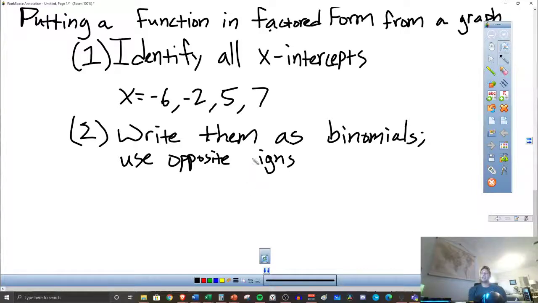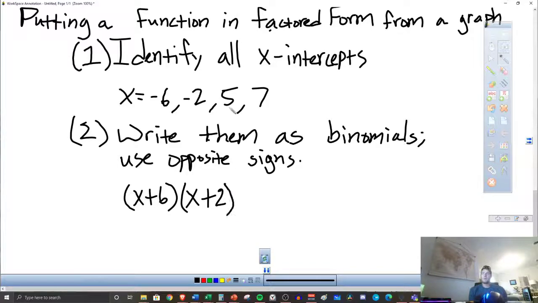We kind of already know why from our review and from iMath 2 why we need to use opposite signs, but this is what that would look like. So we have the -6, x equals -6. That's going to change into x plus 6. We have the -2, it's going to be x plus 2. We have the 5, it's going to be x minus 5. We have the 7, so it's going to be x minus 7.